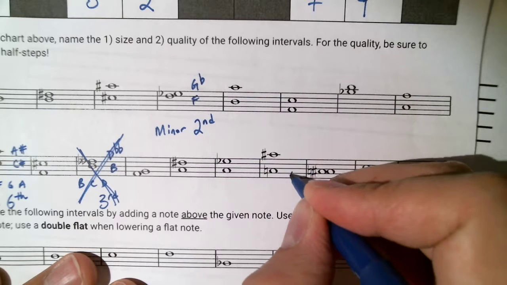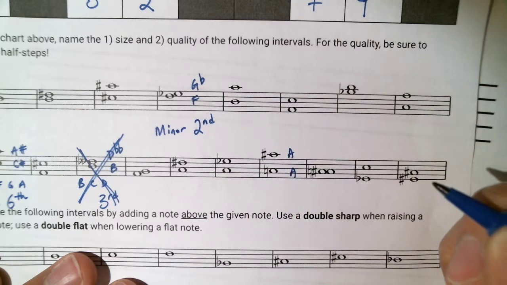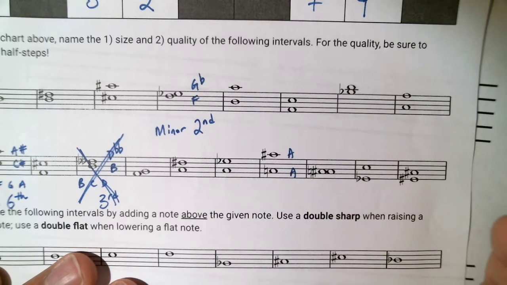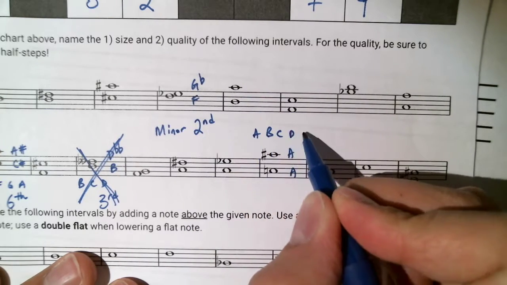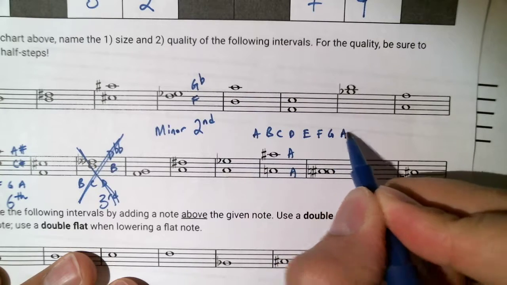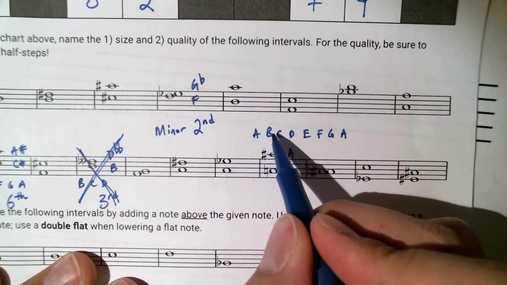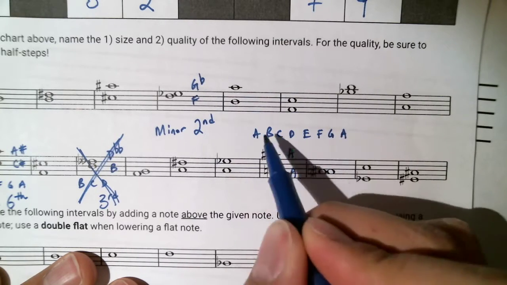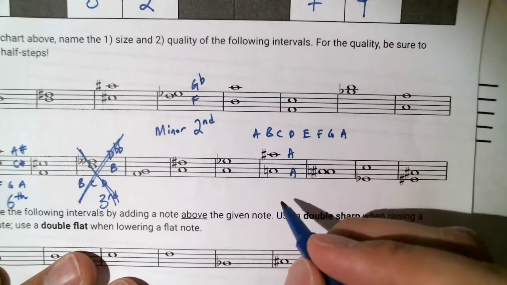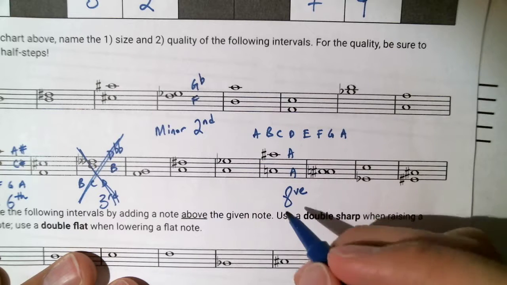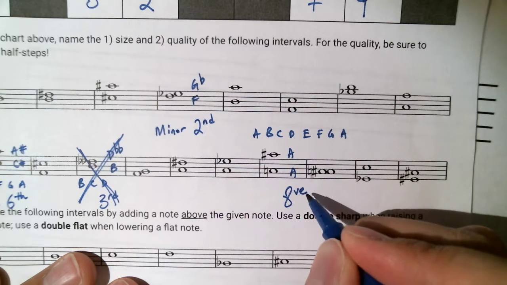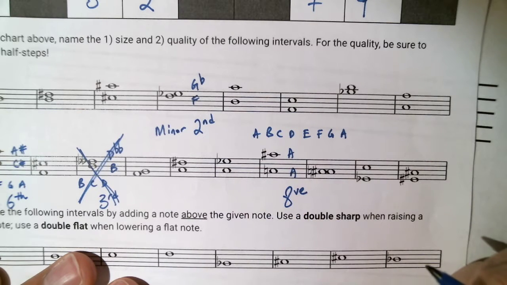The letter names here are A and then also A. From A to A, we're counting up the musical alphabet: A, B, C, D, E, F, G, A, from the bottom to the top. 1, 2, 3, 4, 5, 6, 7, 8. So that is going to be an octave. By the way, we write octaves with the number 8 and the letters VE. That stands for octave.